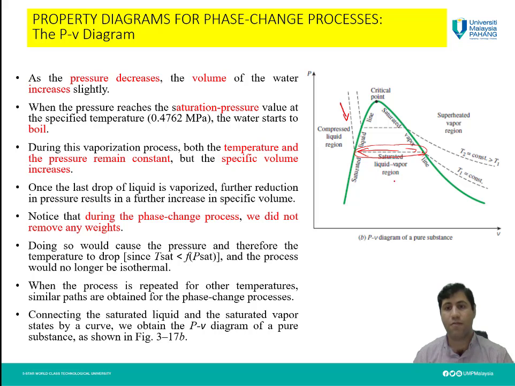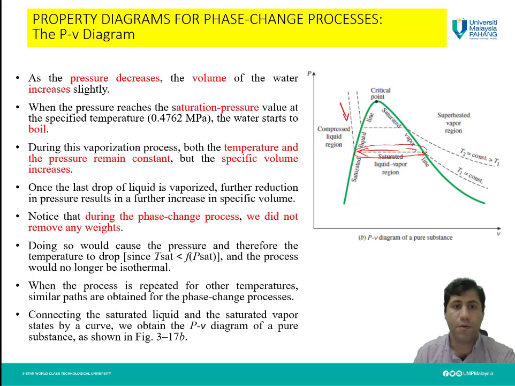After that, if the reduction of pressure is continued by removing the weight, then we will have a superheated vapor region, because you can see here the volume is also increased. Just by changing the pressure for this pure substance, you can see how the phase changing process is happening, how it experiences these different regions.